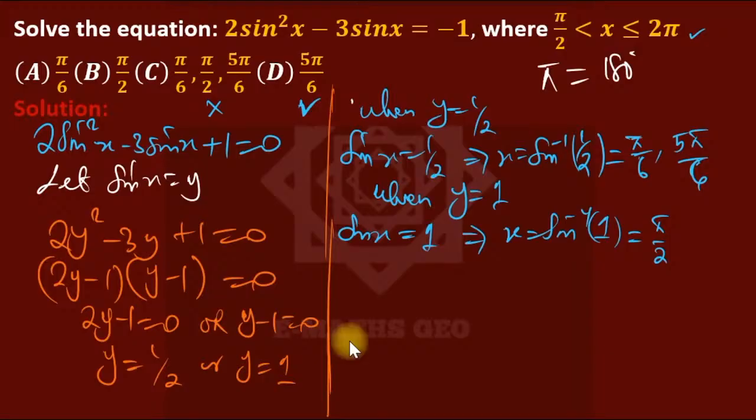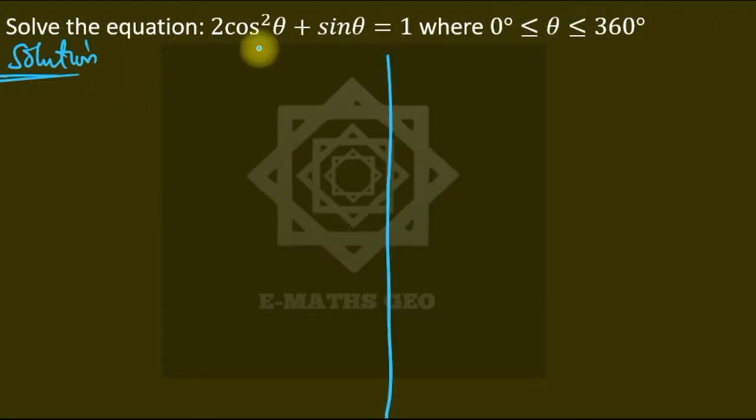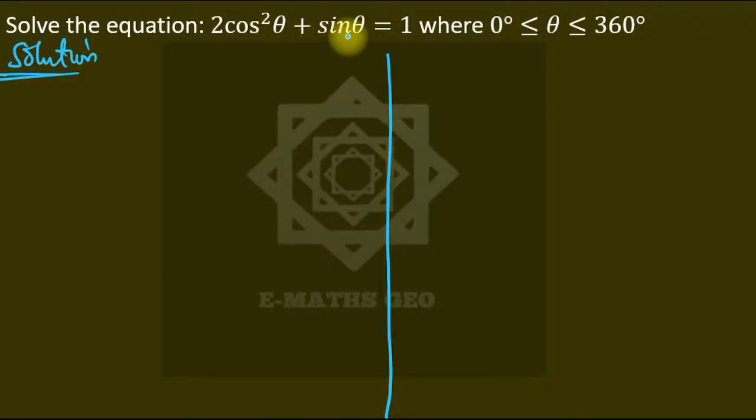So that's it. Now we're asked to solve the equation 2 cos squared theta plus sine theta equal to 1, where theta runs from 0 to 360. So we have more than one answer here. Let's solve. We first use what we call the Pythagorean identity, because I'm seeing cos squared and sine theta.